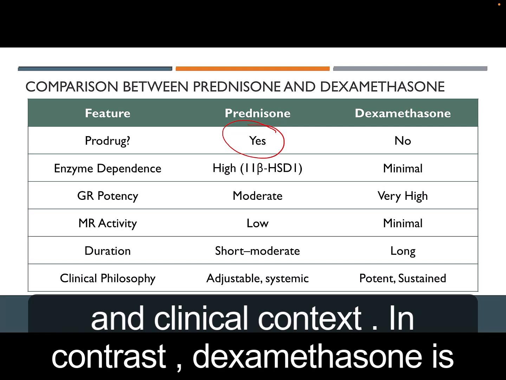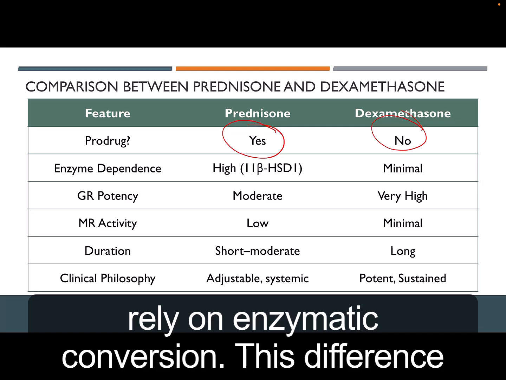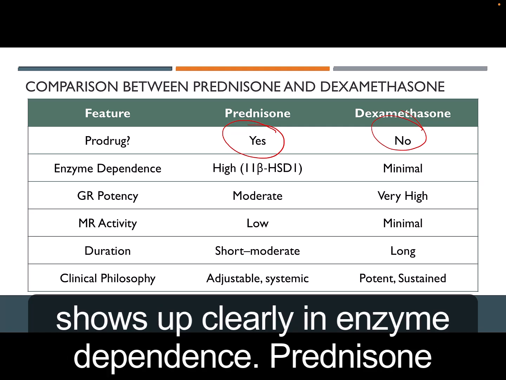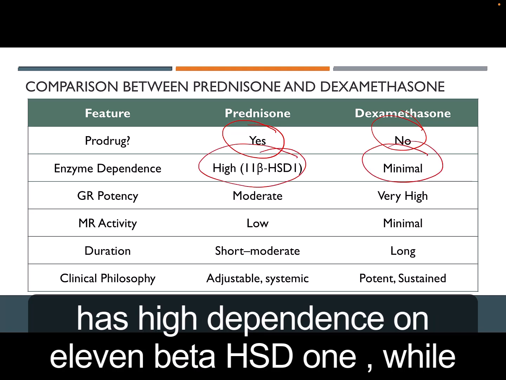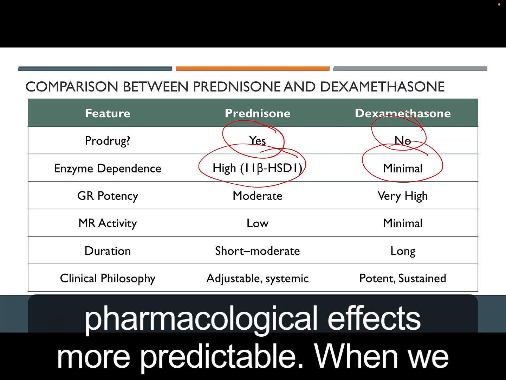In contrast, dexamethasone is not a prodrug. It is active as administered and does not rely on enzymatic conversion. This difference shows up clearly in enzyme dependence. Prednisone has high dependence on 11-beta HSD1, while dexamethasone has minimal dependence, making its pharmacological effects more predictable.